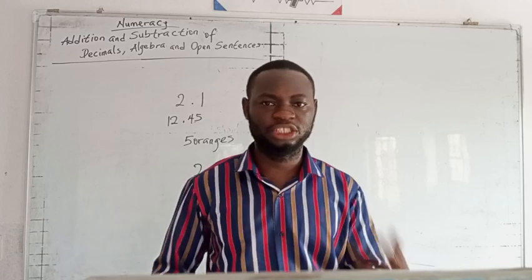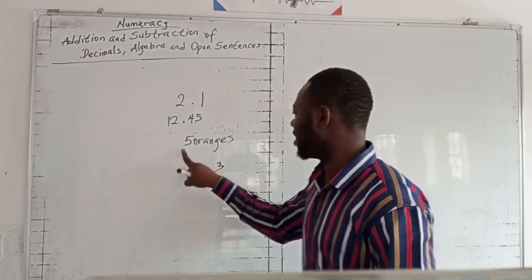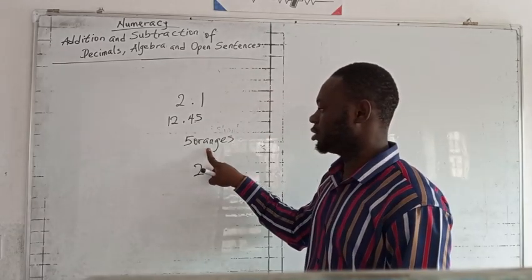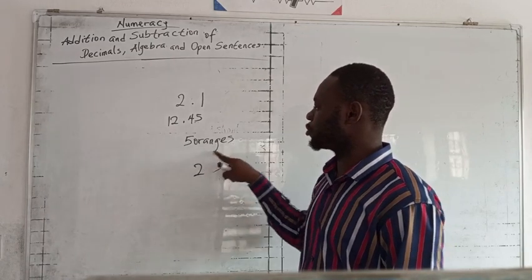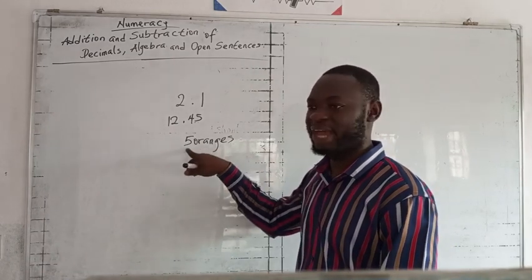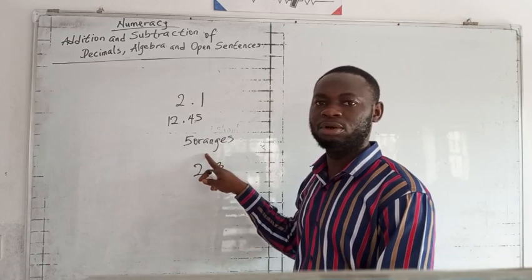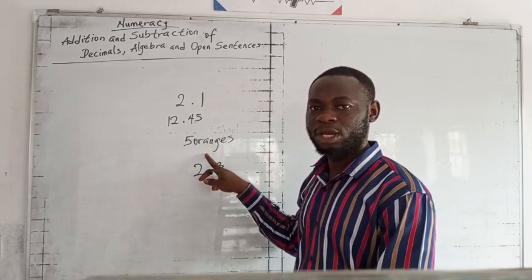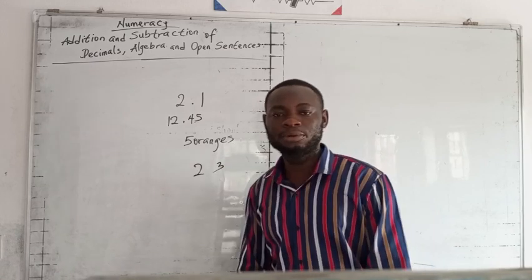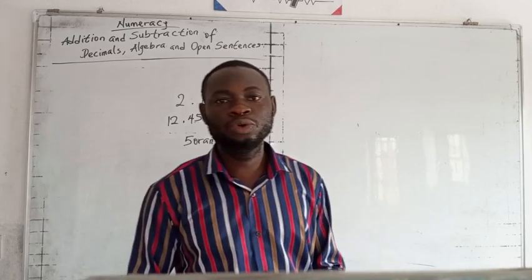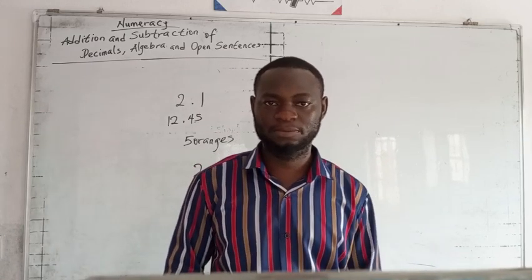The value changes. For example, here we have 5 oranges. The value of this orange, which for this particular one is 5, can change to 10 oranges. It can change to 1 million oranges. Okay? So a variable is a quantity whose value changes.